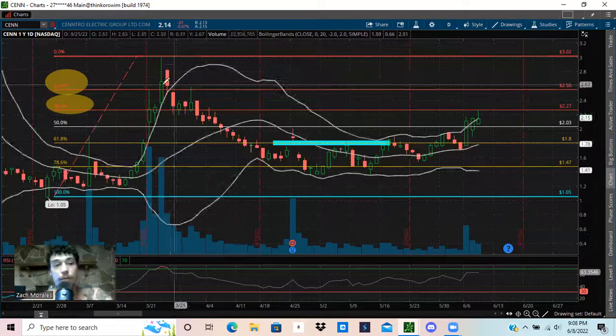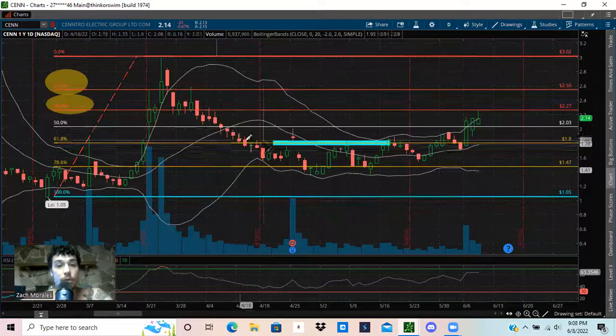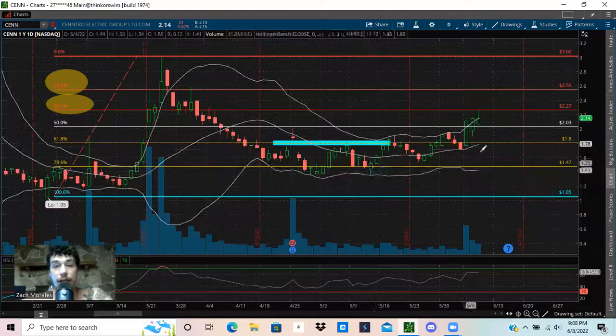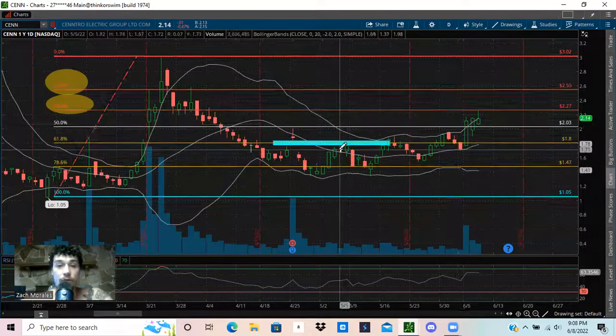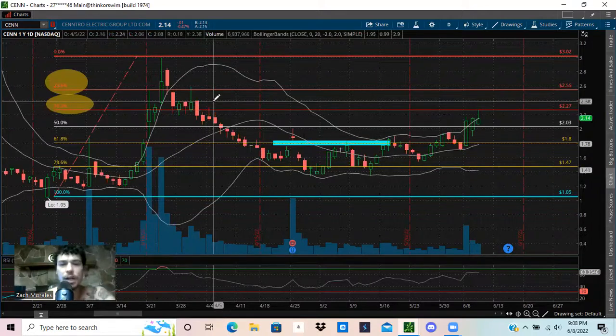That lets you know that we're in a strong uptrend, a strong market. Then once you come back down, you tend to bounce off the bottom Bollinger Band and rally back up towards the middle or the top Bollinger Band. So it gives you a general area of where to start preparing and get an idea of where things might bounce.